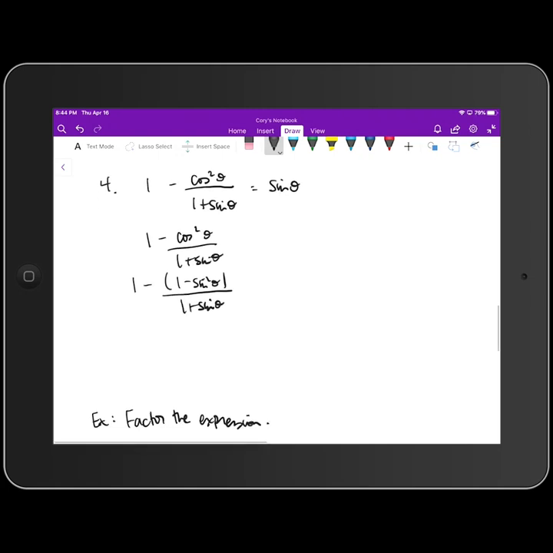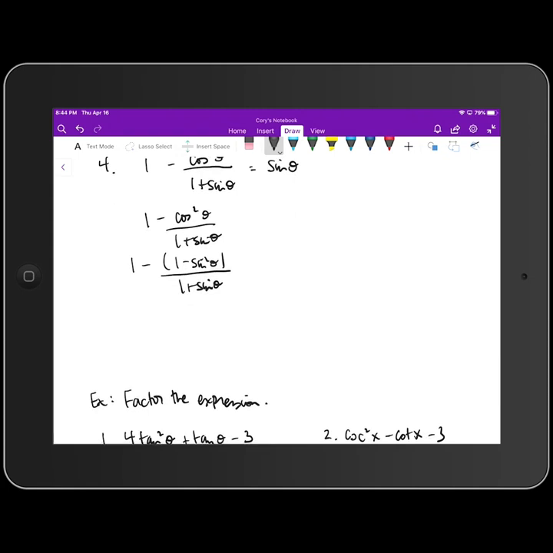When I do that, that numerator of the fraction now is the difference of 2 squares. So I can factor that numerator to be 1 plus the sine of theta times 1 minus the sine of theta over 1 plus the sine of theta.